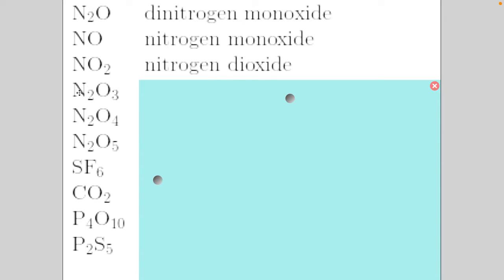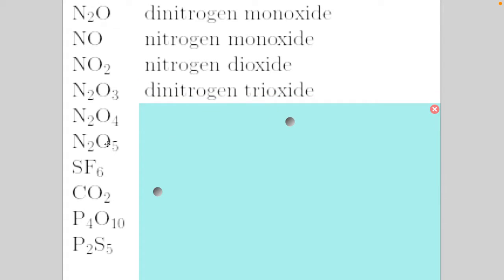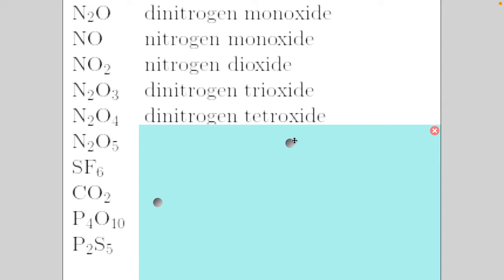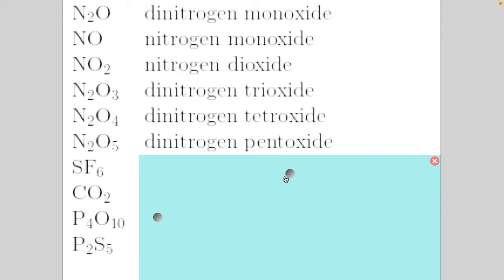There's more than 1, so we're going to have to use a prefix here. The prefix for 2 is di, dinitrogen, and then there's 3 oxygens, trioxide. N2O4. More than one, so we'll use a prefix, dinitrogen, and the prefix for 4 is tetra, so tetroxide. N2O5, 2 N's, dinitrogen pentoxide.